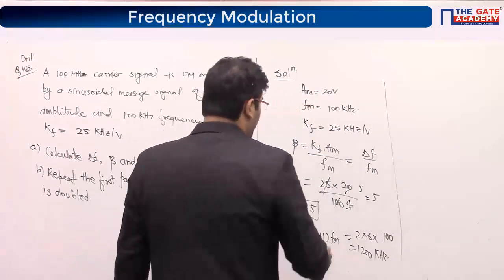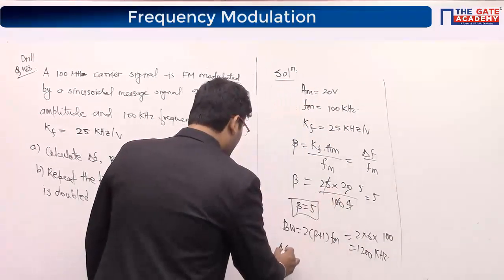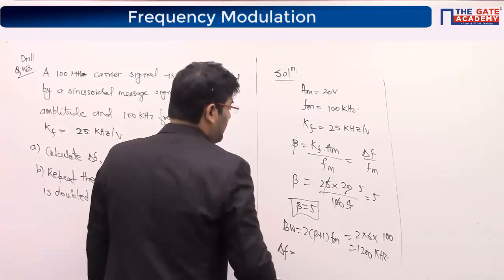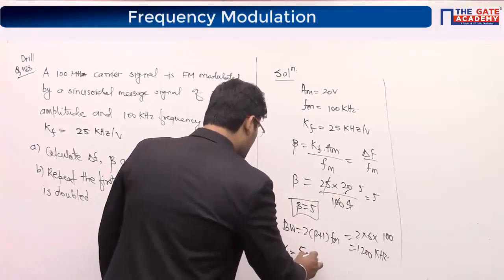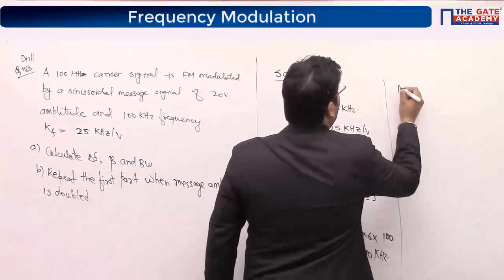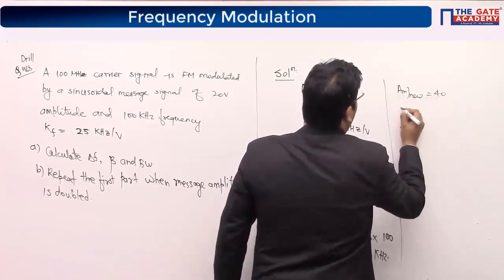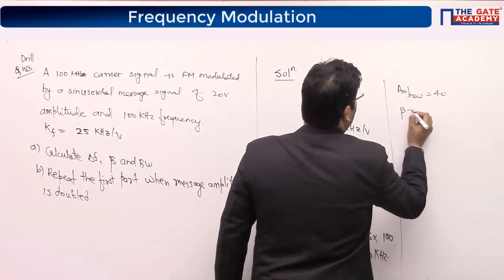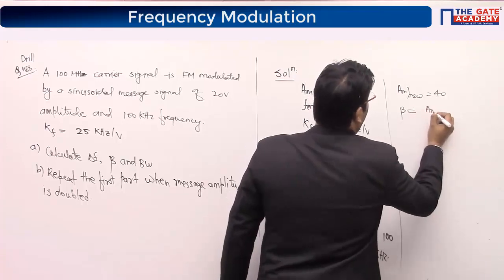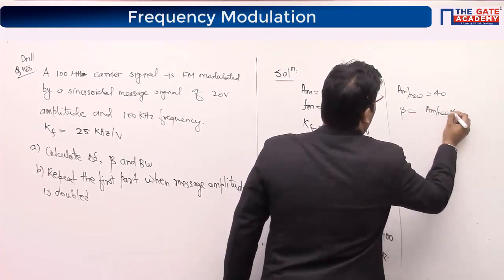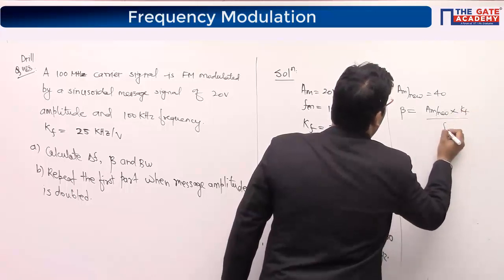Delta F already you can see. Delta F is how much? 500. Now if the new AM gets doubled to 40, so beta is what? New AM into KF by FM.